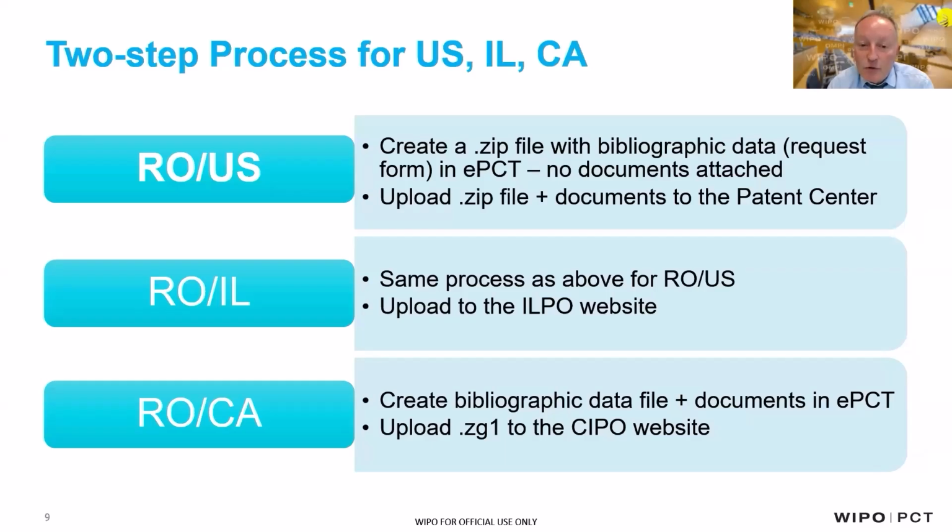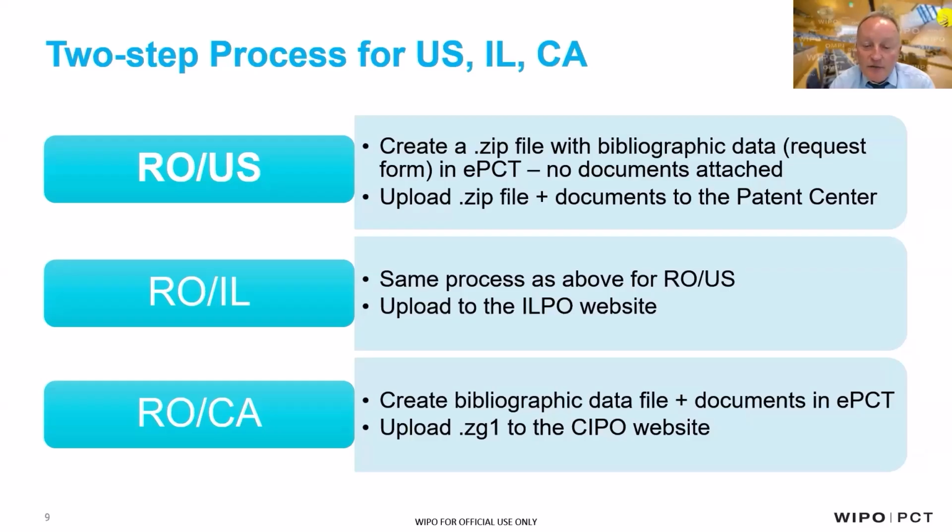It's only afterwards, when you go to the USPTO website, that you will upload the zip file that you have created in ePCT, and you will attach all the documents making the international application into the Patent Center. The same for RO/IL, Israel, meaning that you only create a package in ePCT with only the bibliographic data, but you do not attach any documents in ePCT. And then you will upload the package to the ILPO website.